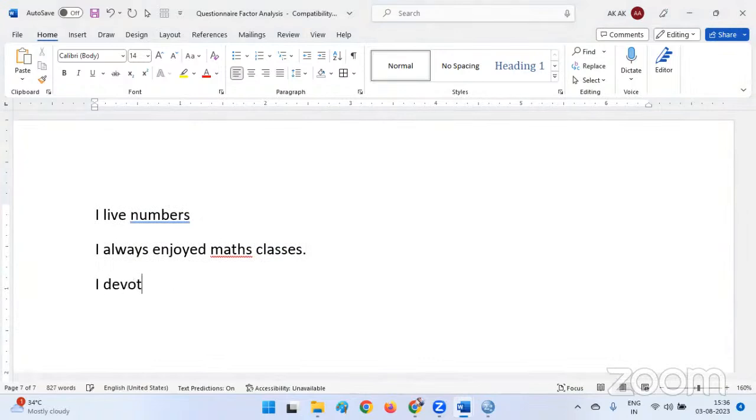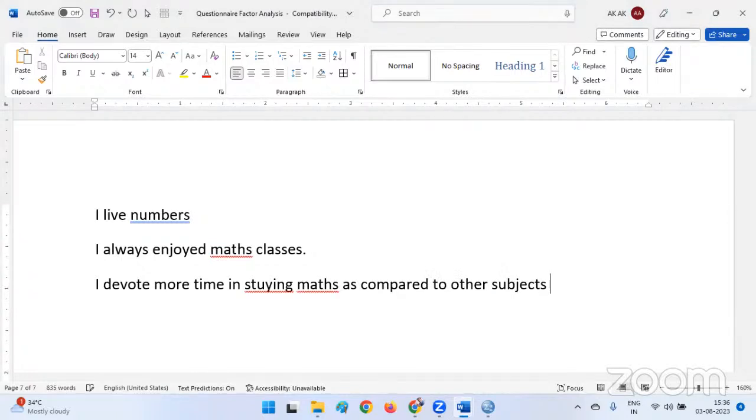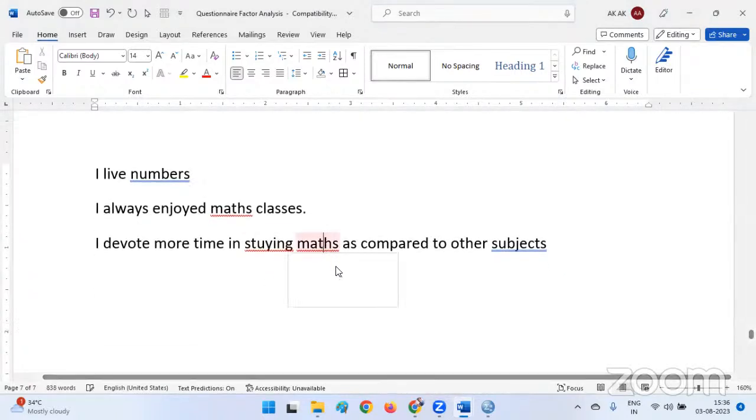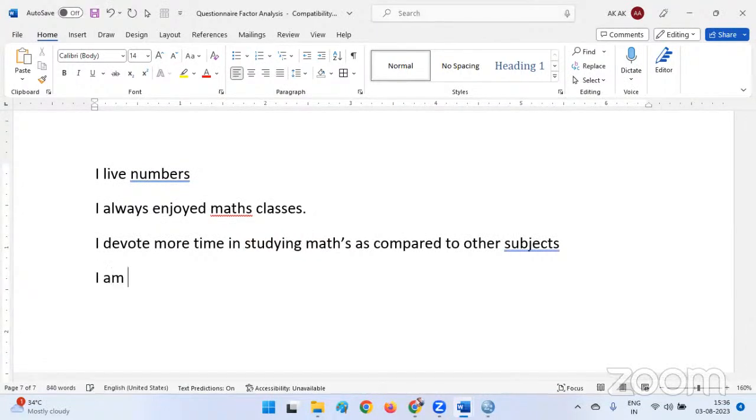I always enjoyed maths classes. I devote more time to studying maths as compared to other subjects. I am not scared of maths.